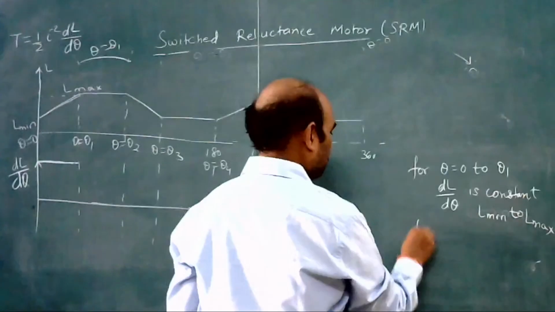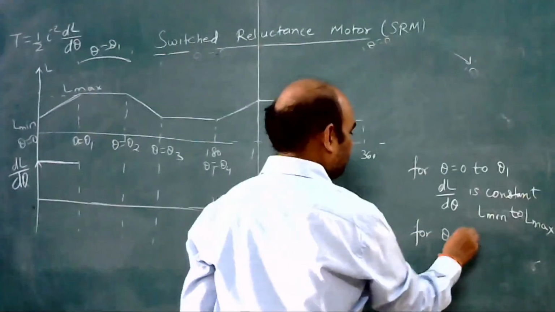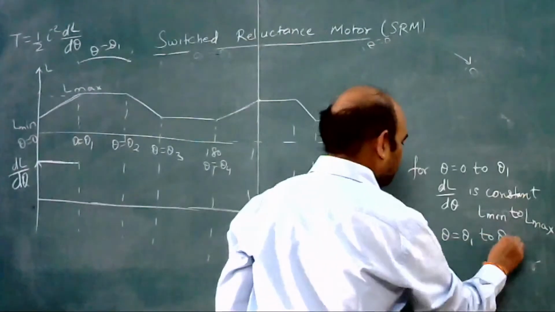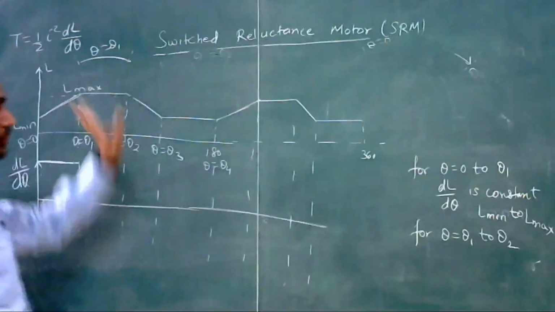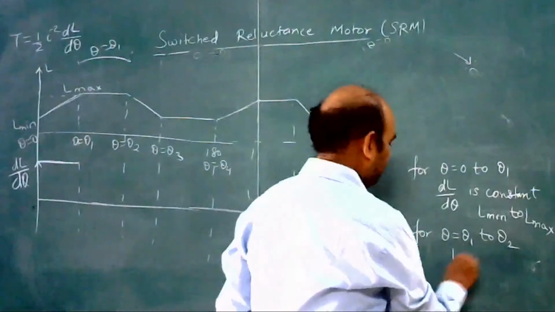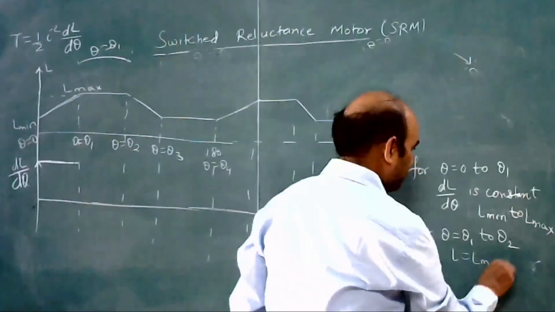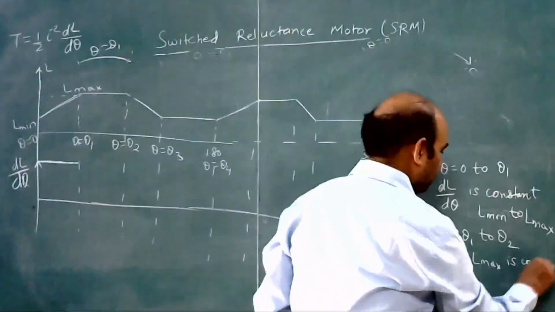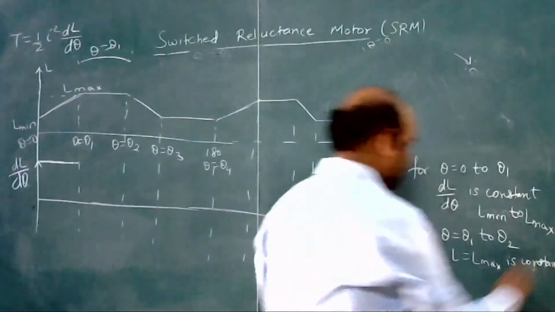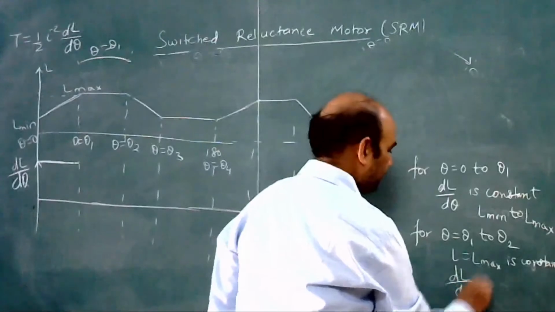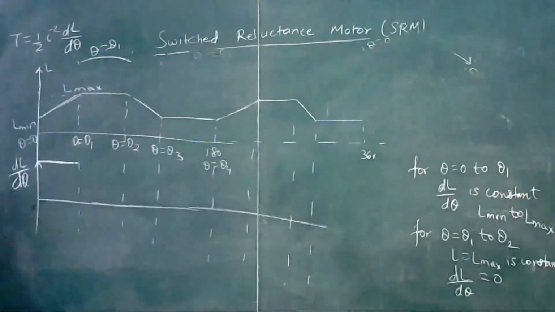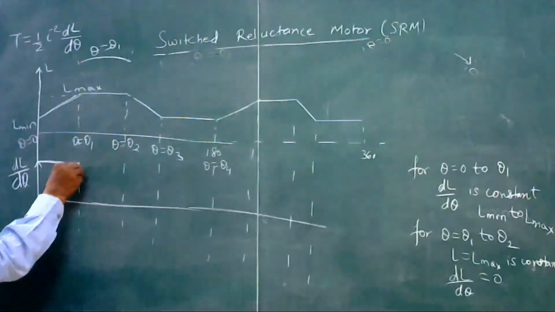Then for theta is equal to theta 1 to theta 2, L is constant. L is equal to L max, constant. So differentiation of a constant term is always equal to 0. dL by d theta is equal to 0, so this will become 0.